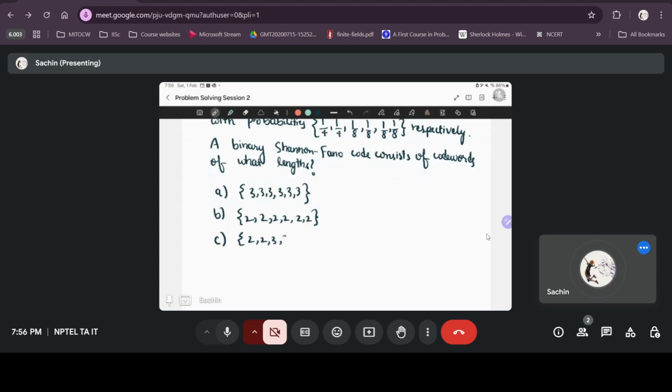So we can straight away eliminate option A and option B. That leaves us with option C and D. You can see that all the messages with probability 1/8 are assigned a particular length, and all the messages with probability 1/4 are assigned a different length. So both option C and D are reasonable.